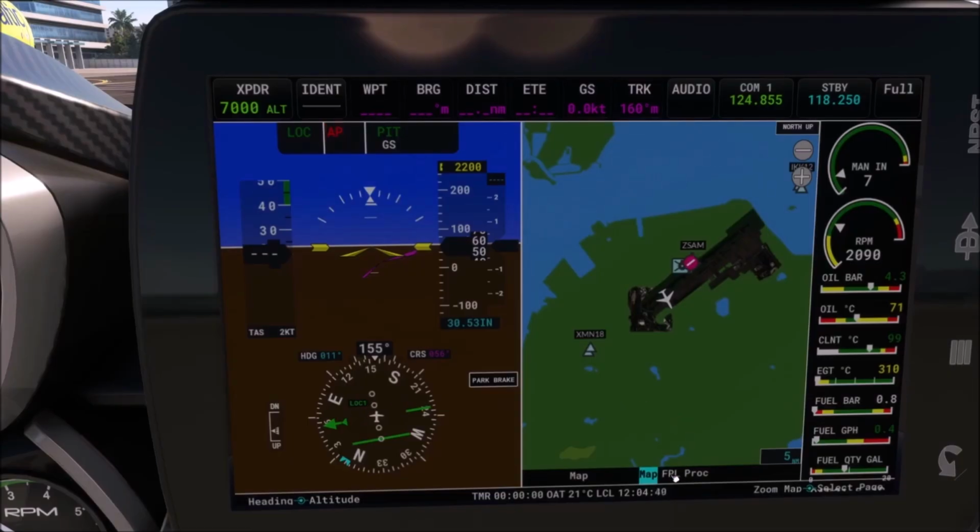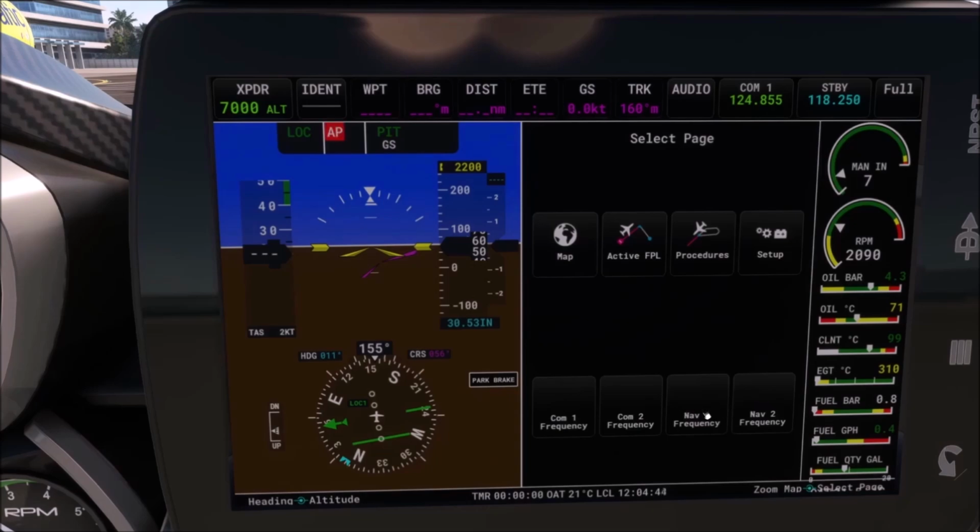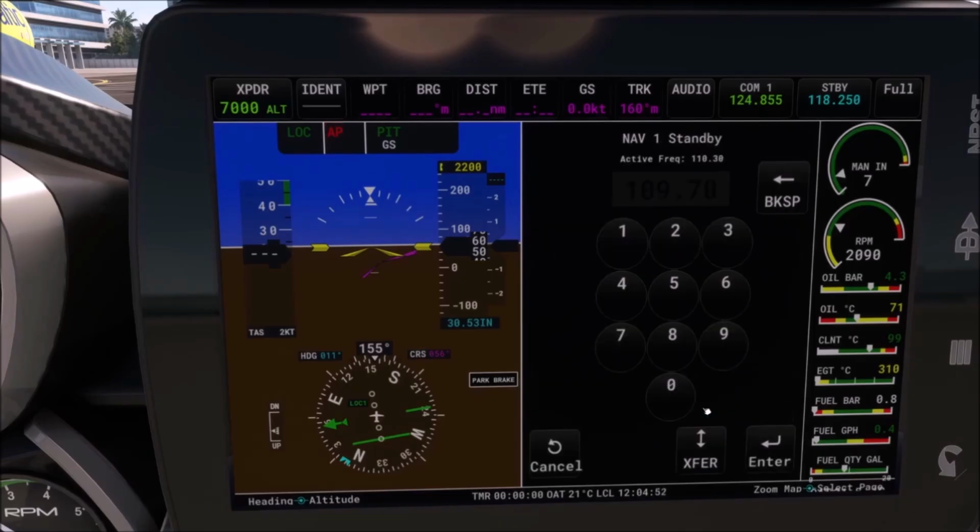We go here, flight plan, and then we set here the two ILS frequencies, nav1 and nav2. You press here, navigation 1, 110.30 and 109.70. So let us change them, 109.70.